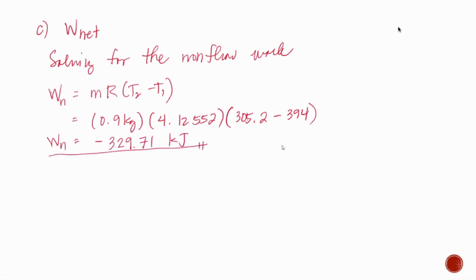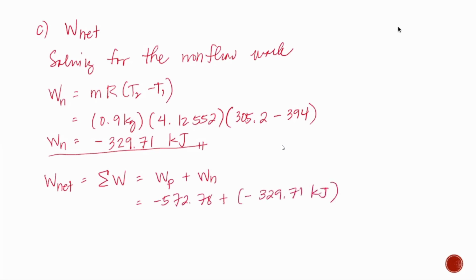Hindi pa tayo tapos. Ano pa ang mga kailangan natin? May paddle work na tayo, nakuha natin. So to find the network of the system, so summation siya, no? Summation ng lahat ng work done or applied sa system. So paddle work, tsaka itong non-flow work, i-add lang natin. So the paddle work, anong value natin kanina? Negative 572.78 plus negative 329.71 kilojoules.